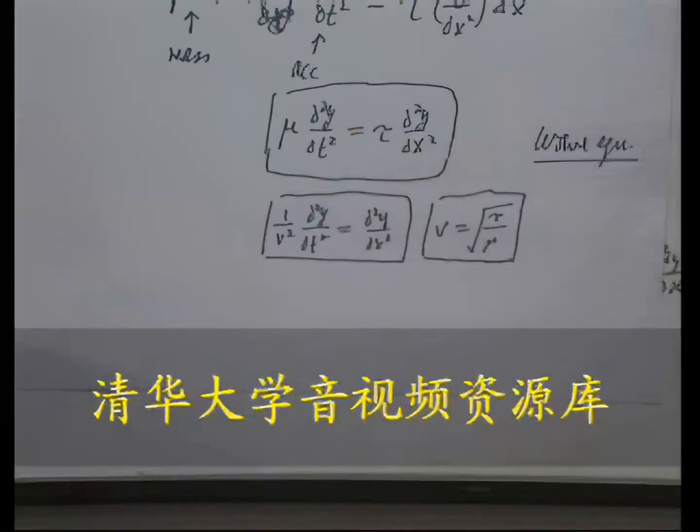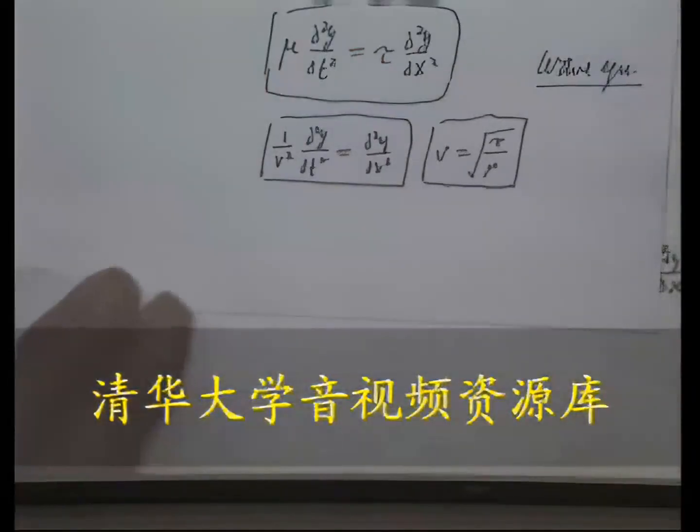The book gave a tricky derivation of this velocity. I had never seen that derivation before. I studied it. It's correct, but it's too tricky. It's not the right way to learn it. The right way to learn it is what I told you. This is the right way to derive this wave equation.